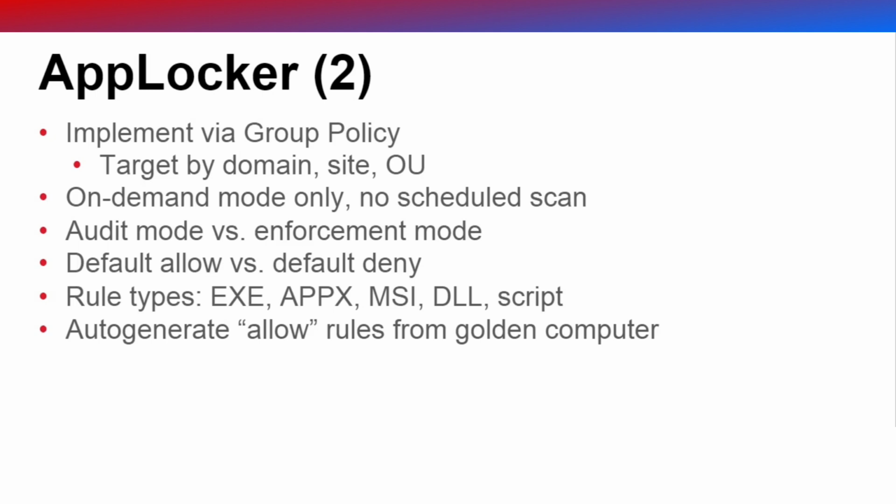And then you basically just tell Windows, figure it out. Look at this computer. It's got all the applications on there that are okayed by our certification team. We want to create the allow rules from this golden computer, and it'll generate those rules automatically. So that saves a bunch of time until later on you realize what you forgot.